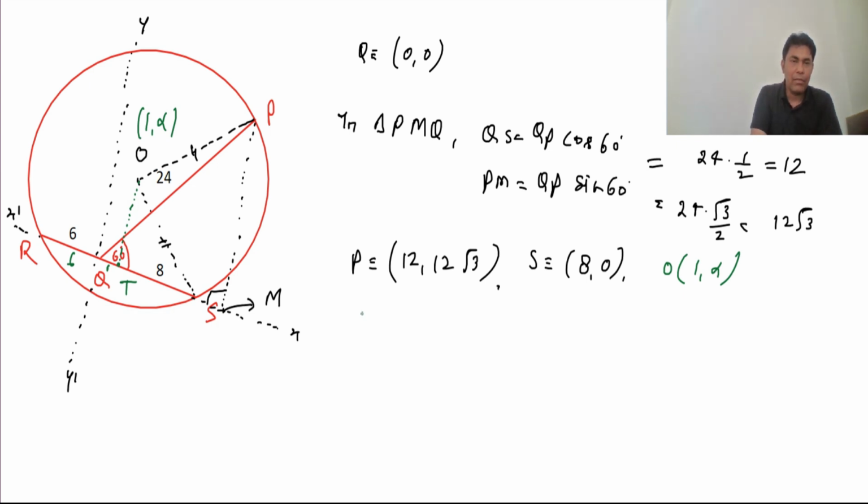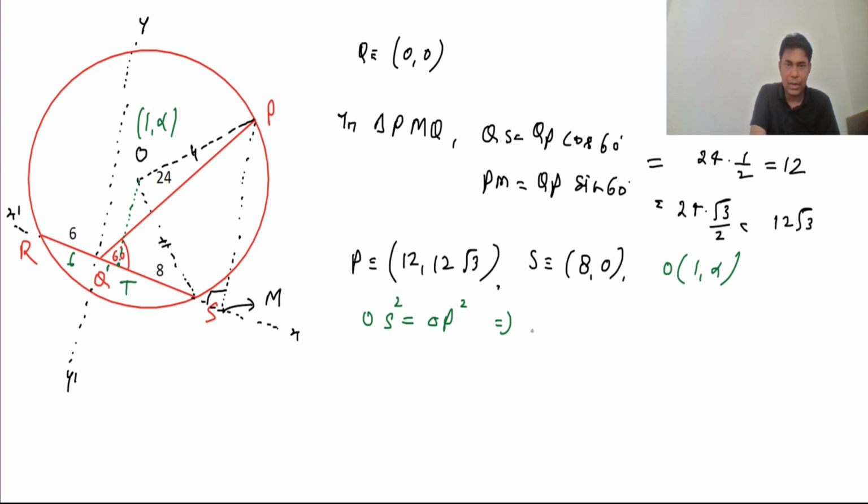From here we can conclude that OS is equal to OP, that is nothing but the radius of the circle. We will be using the distance between 2 points formula. We will have a square root in that formula, so in order to nullify the square root, we will square this condition on both sides. So OS square is equal to OP square.